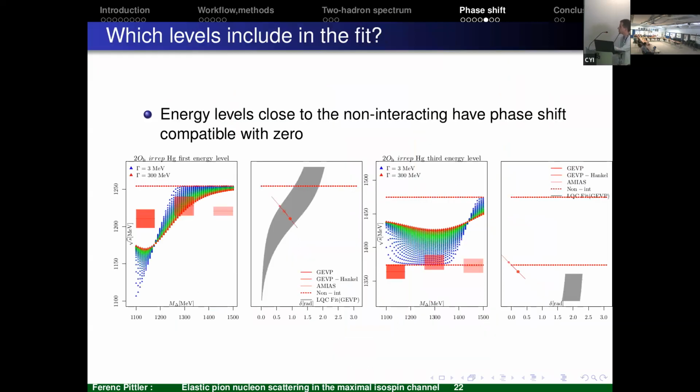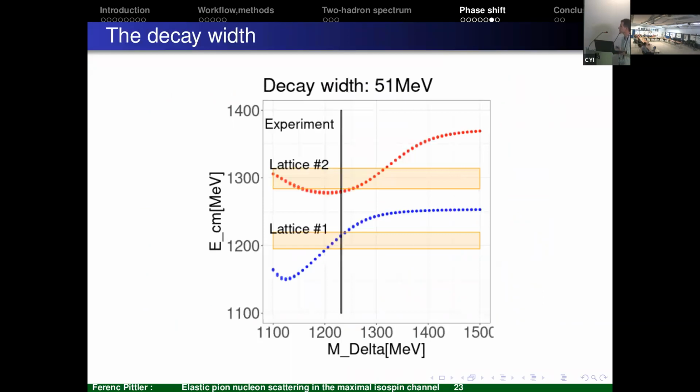What I wanted to mention lastly is why I got quite a large error on the width.